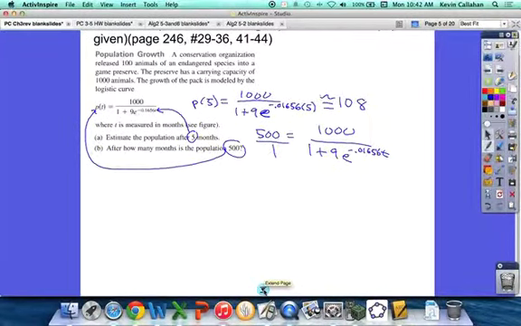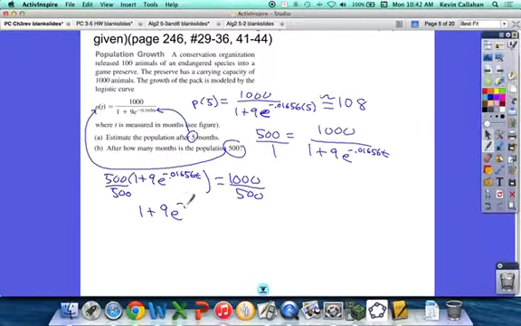So we would end up with this at this step then. 500 times 1 plus 9e to the negative 0.01656 t equals 1,000. And then divide by 500, which is going to make a 2, which is easy. So now I've got 1 plus 9e to the negative 0.01656 times t equals 2.